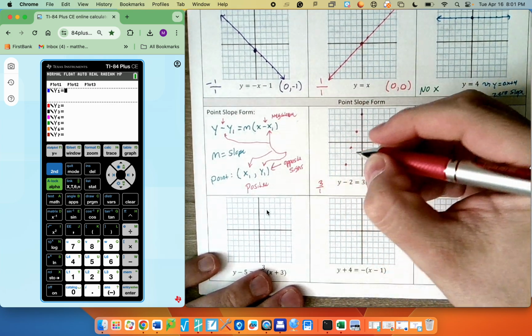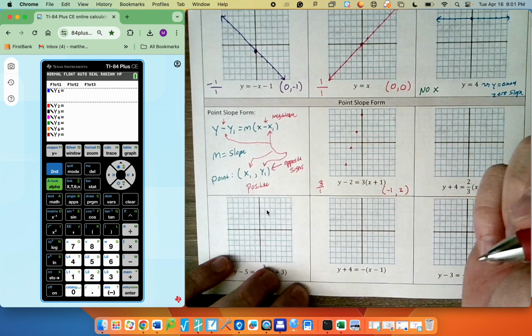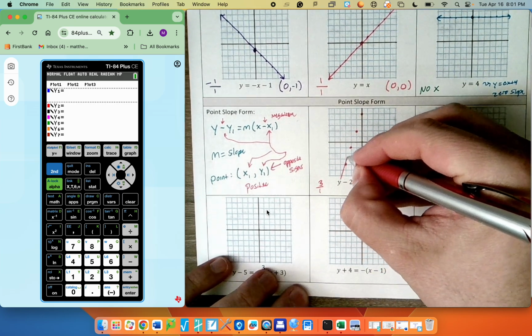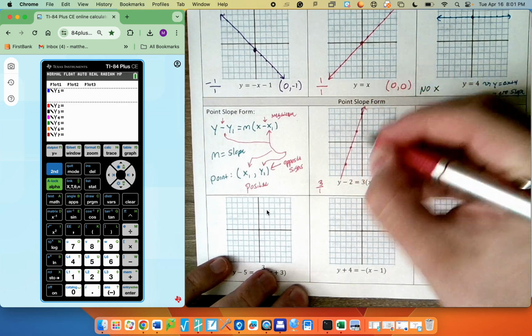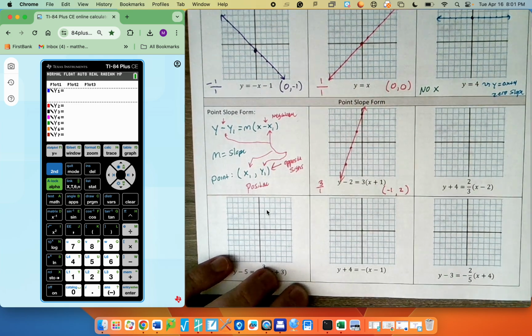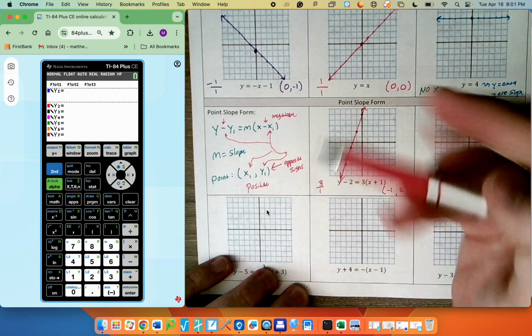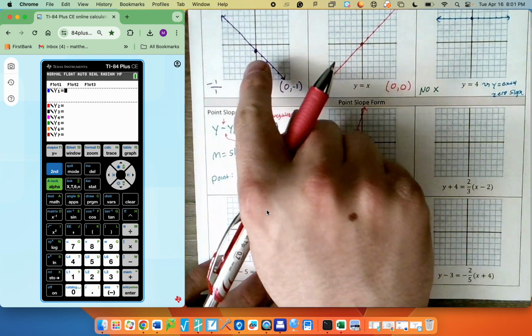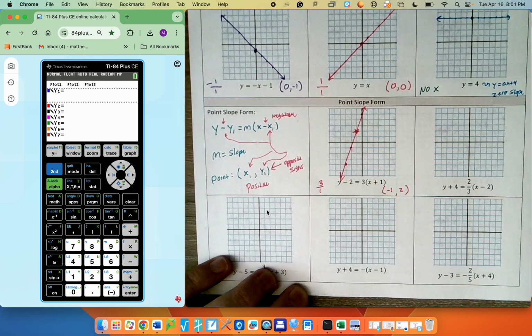This one does not illustrate the fact that the y-intercept is not visible on the graph. It's right there. But we still graph it all the same. The only difference is we started from that dot instead of our y-intercept.